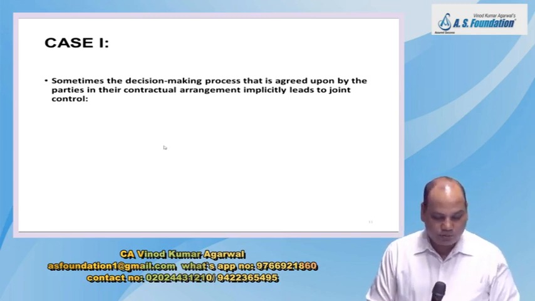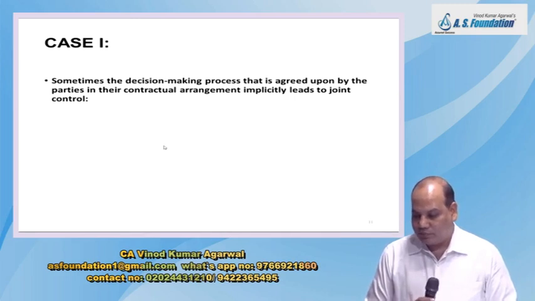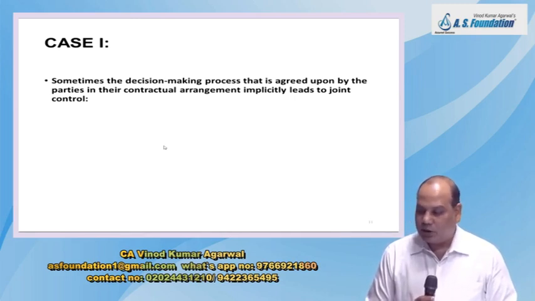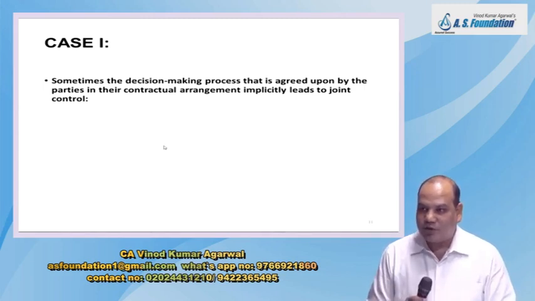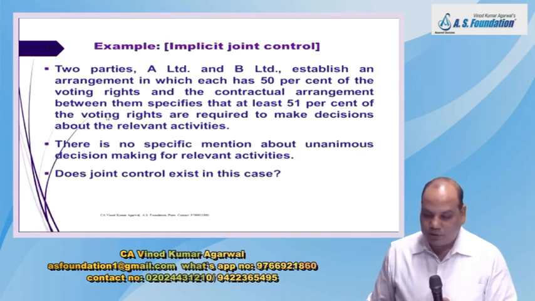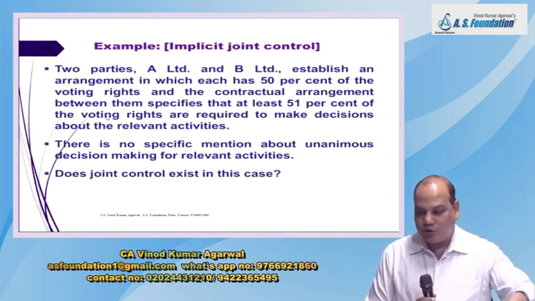Now case 1. Sometimes the decision-making process that is agreed upon by the parties in their contractual arrangement implicitly leads to joint control. Implicitly means they may not specifically mention it in the contract. This example will give you an idea about implicit joint control.